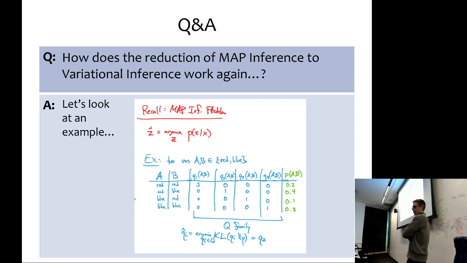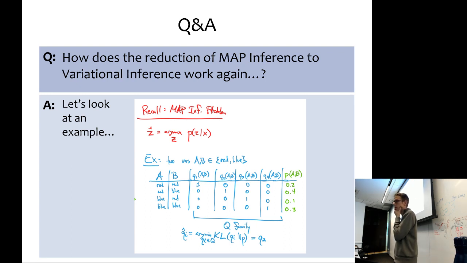Yeah. So the Q family can include all of the possible distributions that can be made. So variational inference doesn't put a limitation on the kind of distribution that can be made. Exactly. So that's the key property of the variational approximation: what does that Q family actually look like? And that's going to define everything about it.